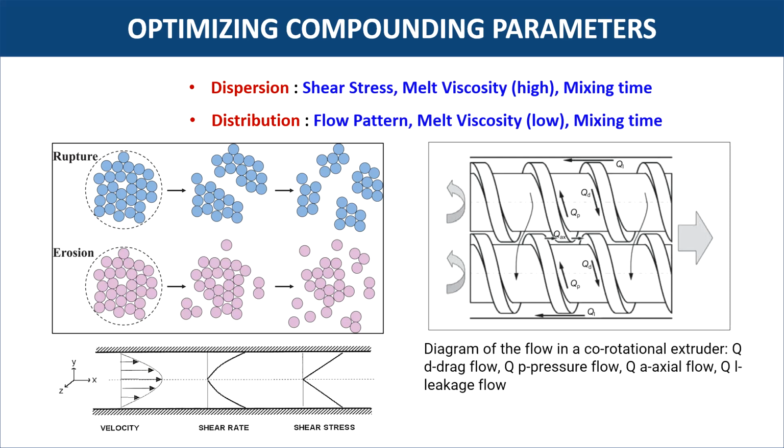Good thing is, both single and twin extruder are sufficiently versatile to achieve desired level of dispersion and distribution. Now, let's first discuss how to achieve good dispersion and distribution in single screw extruder.